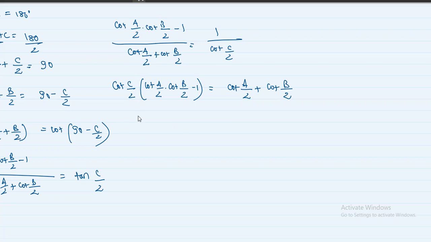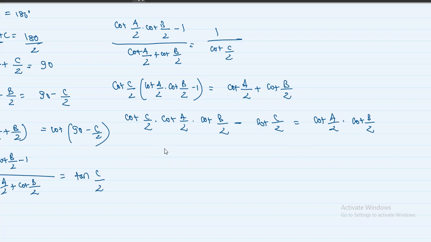Let's multiply and simplify. So we get cot C/2 into cot A/2 into cot B/2 minus cot C/2 is equal to cot A/2 into cot B/2.